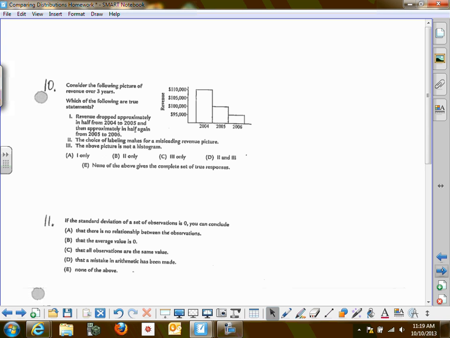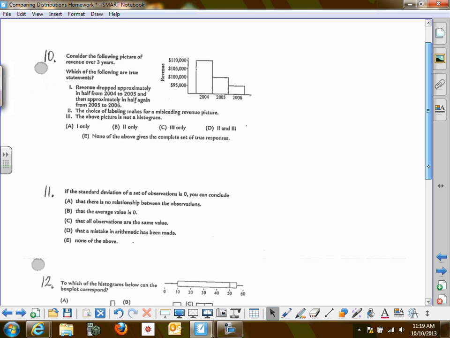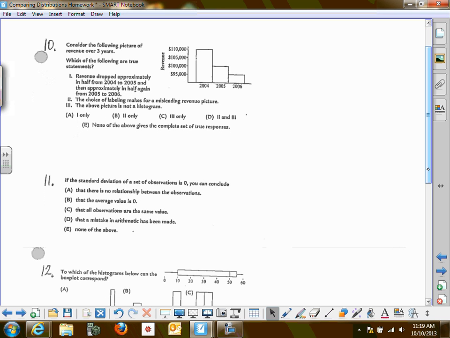Number 10. This is one that I did miss when I first did this assignment, because I really didn't know. This is a way of teaching you that histograms do not violate the area principle.